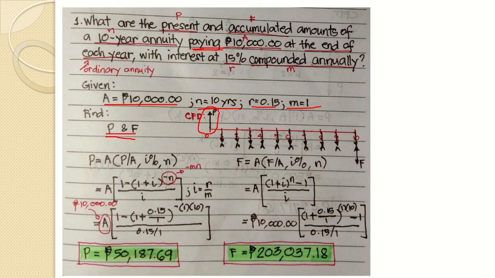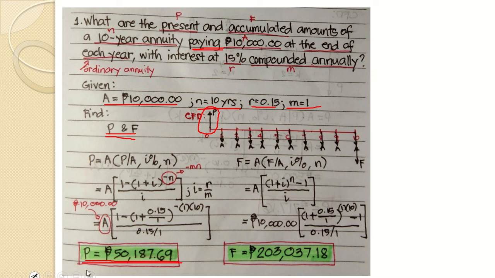Just substitute the values of the known variables. Then you will get the answer. Please check using your calculator. Sometimes Excel has a different rounding. So just check. But generally, this is the formula.